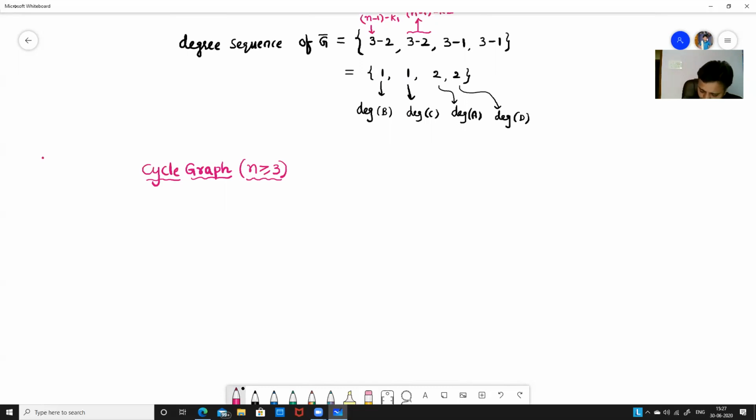Suppose I have 3 vertices. It is the structure of the cycle graph with 3 vertices. We can define it as C3.